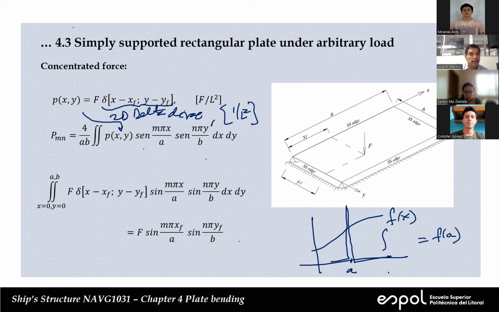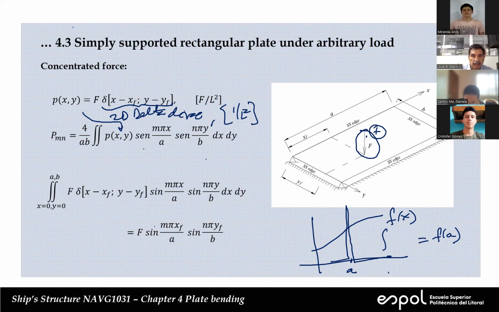Here, but here the problem is that we have two dimensions. So xf, yf is the position where you have applied the force. Okay, be careful because this is positive, right? Because downward is positive direction. Any questions about these, people?